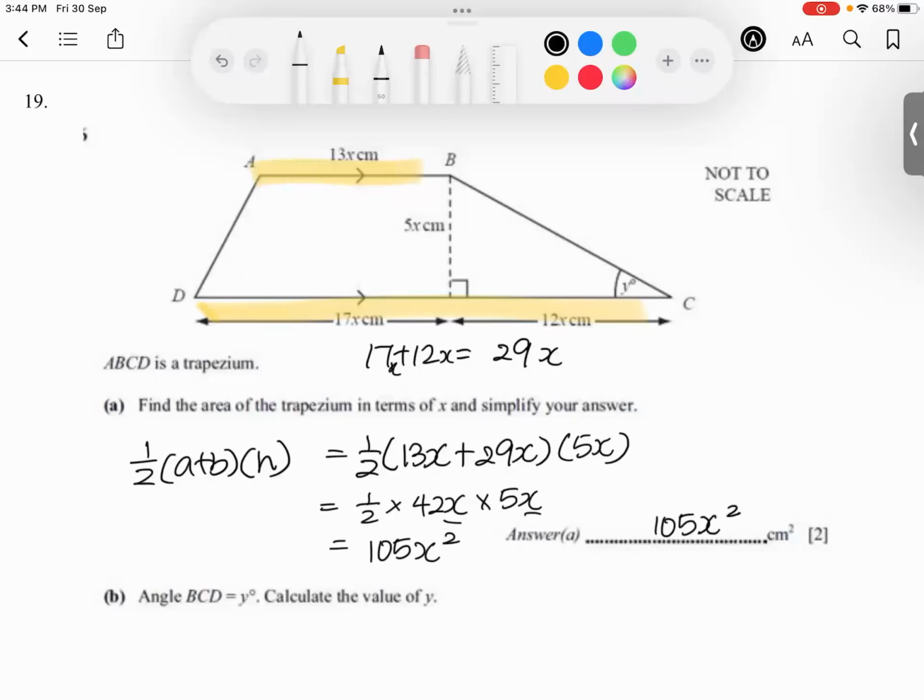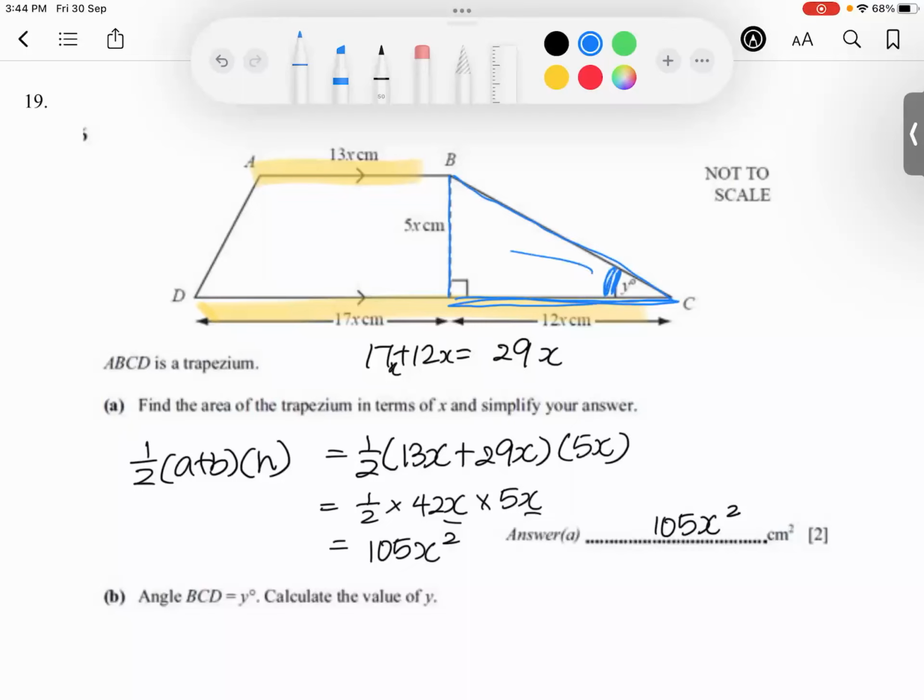Next one, given the angle, so when you have a trapezium, you have a pair of parallel lines. So you have interior angles over here. So you have the 2 interior angles. This means this angle over here, y, maybe I can find using Pythagoras, or did they ask me to use trigonometry? Sorry. Okay, in this triangle, this is my angle.